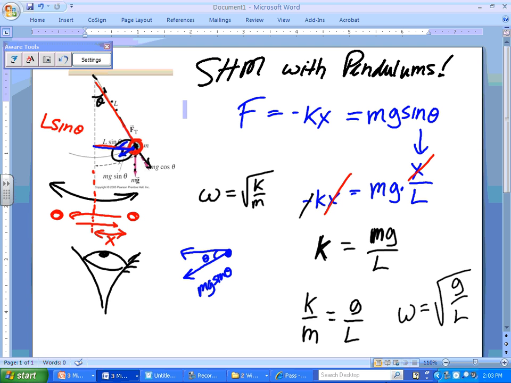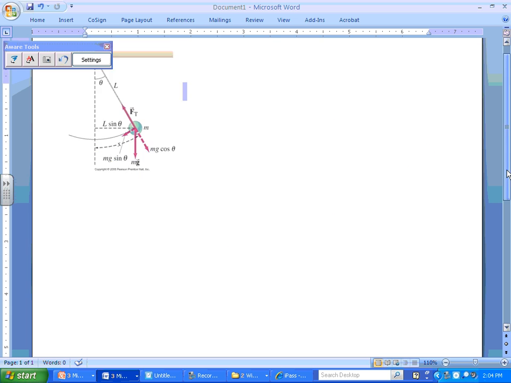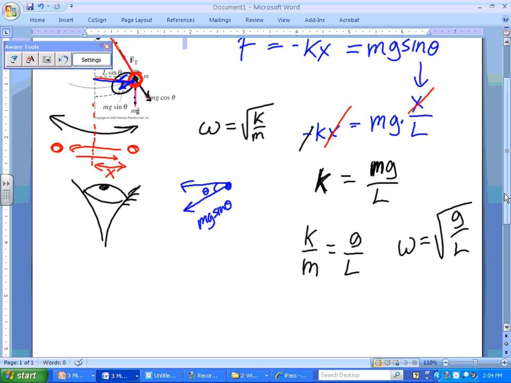Isn't that lovely? Now I can substitute this value in to get expressions for period and frequency of a pendulum, because I know that omega is equal to 2 pi f by definition. So frequency is 1 over 2 pi times omega.